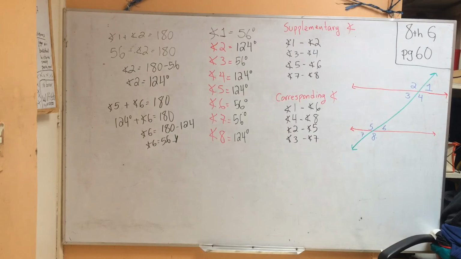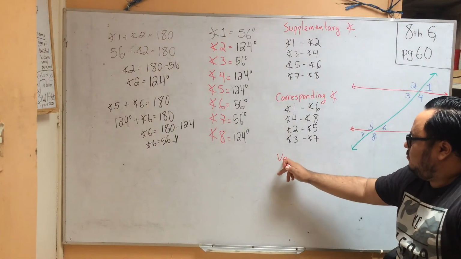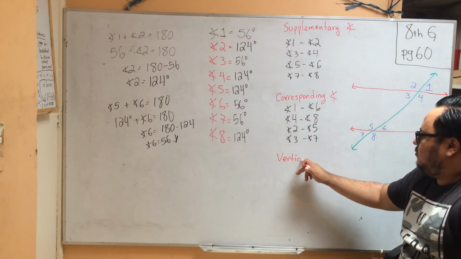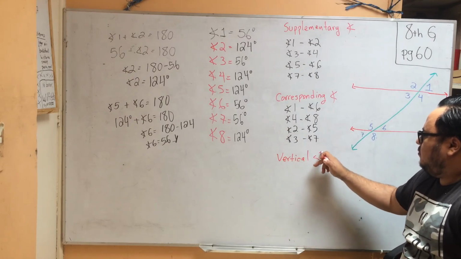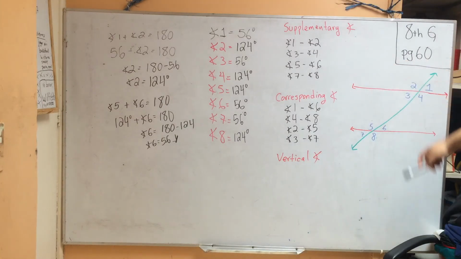Then, vertical angles. They're also asking for vertical angles. So from this diagram, which are vertical angles? Remember, vertical angles share the same vertex. And remember that the vertex is the point where the two lines meet to form an angle.